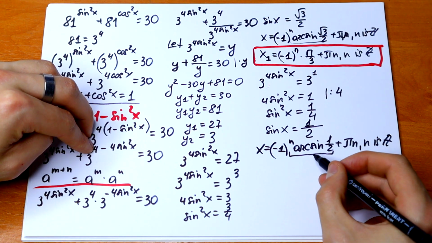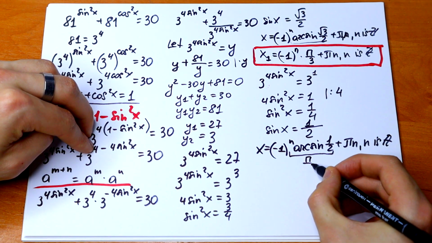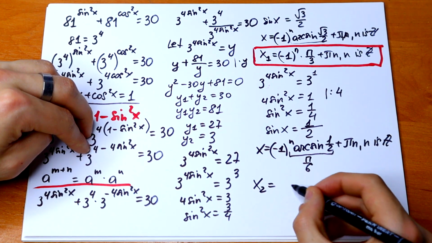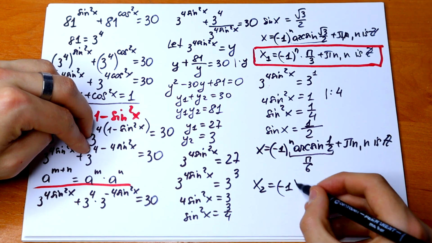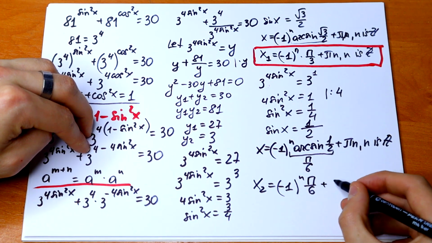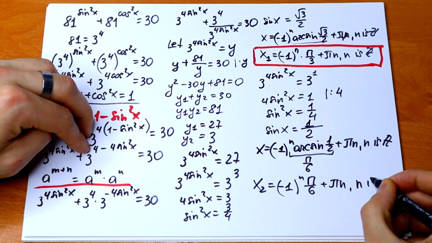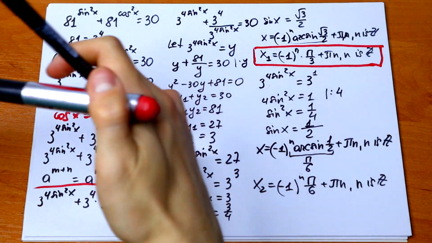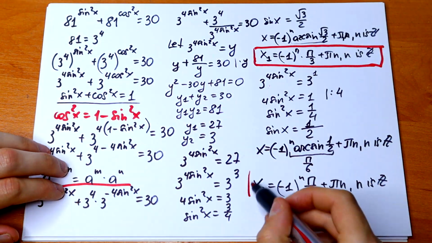This arcsine will be equal to pi over 6, 30 degrees. So the second solution, x2, will be minus 1 to the power n times pi over 6 plus pi n, n is in Z. So this is the second solution to our equation.